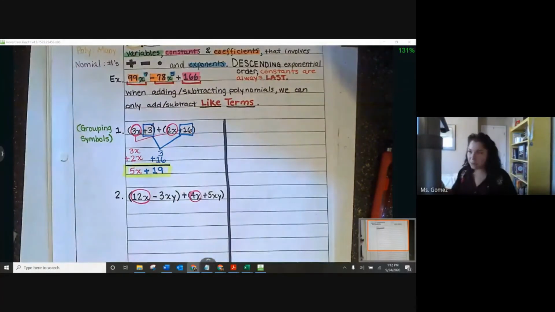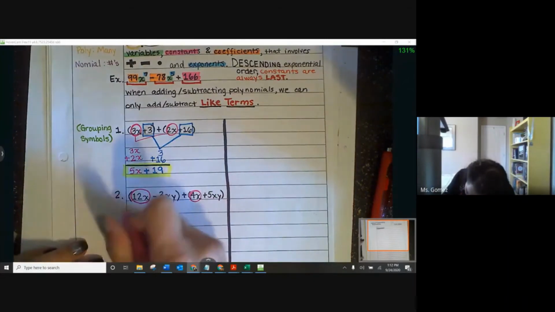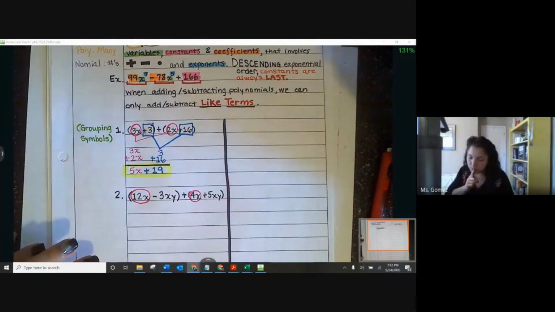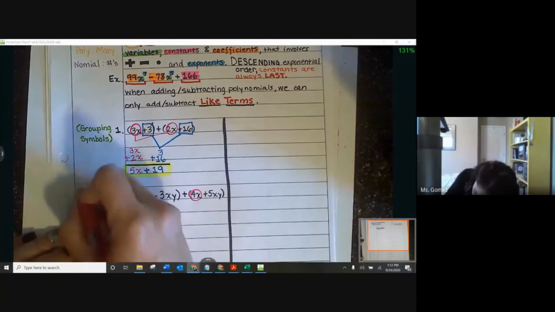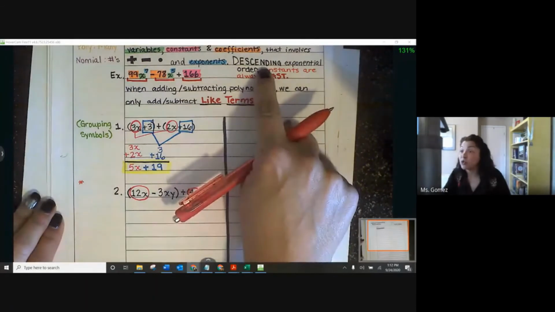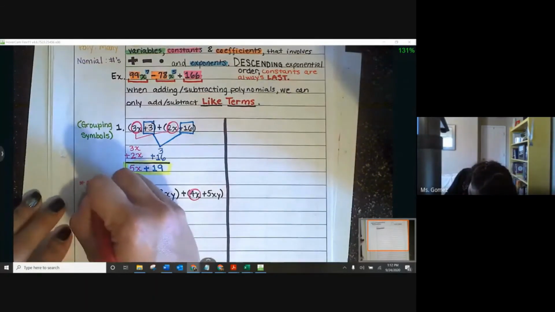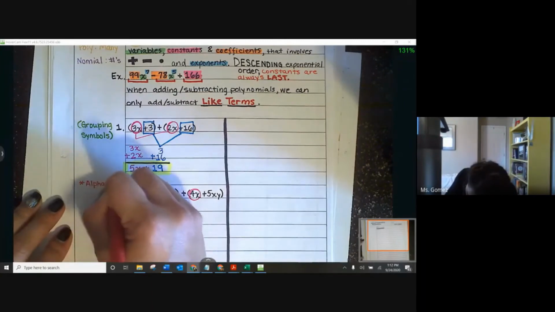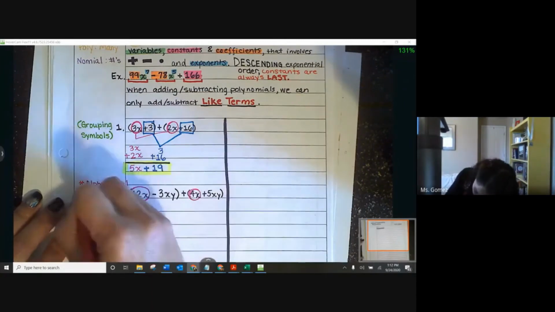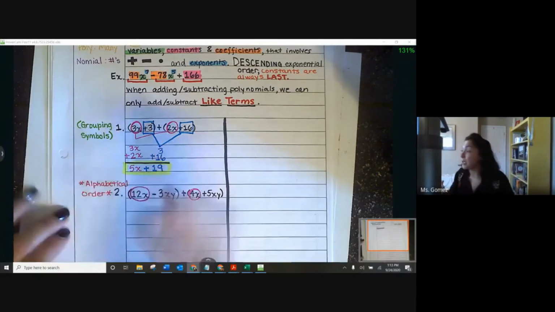Okay. So I'm going to go ahead and line them up here. Okay. So let's see. Gosh, there's just so much more that I didn't write here. So you know what? I'm going to put it right here. So not only should my exponents be from greatest to least, but they must also be in alphabetical order.